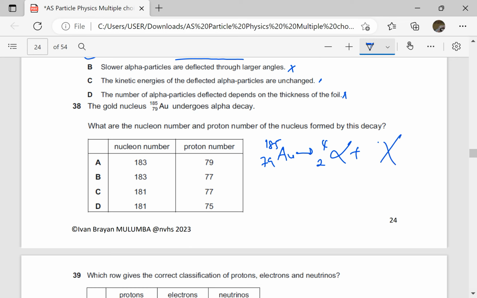Let me call it X. Proton number will therefore be 79 minus 2, which is 77. We ignore these two. Then nucleon number is going to be 197 minus 4, which is 193. They want the nucleon number, so the answer is going to be C.